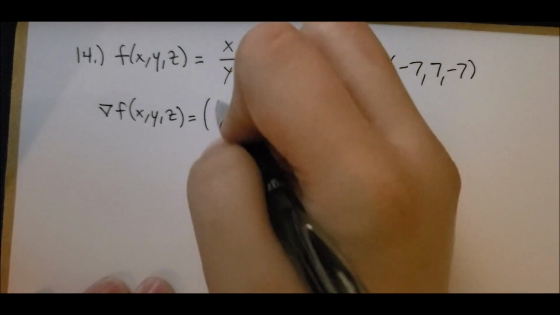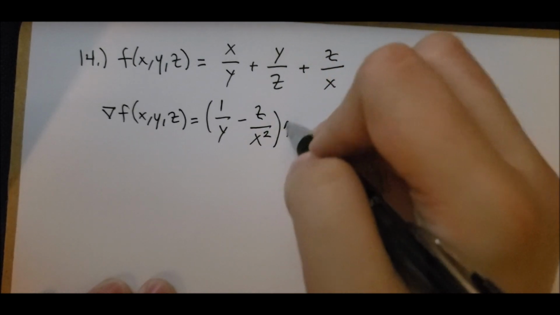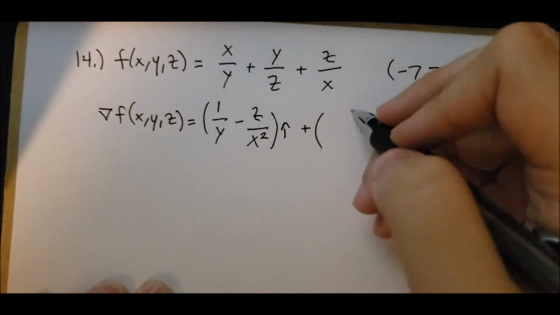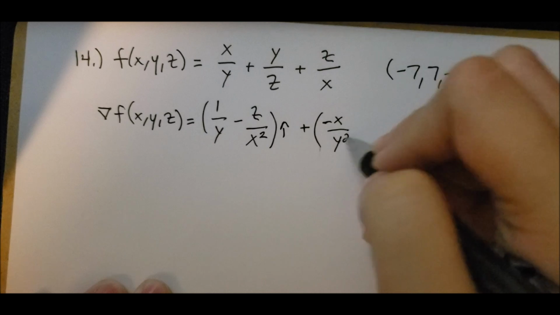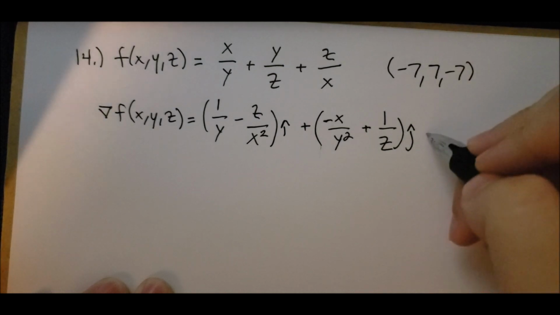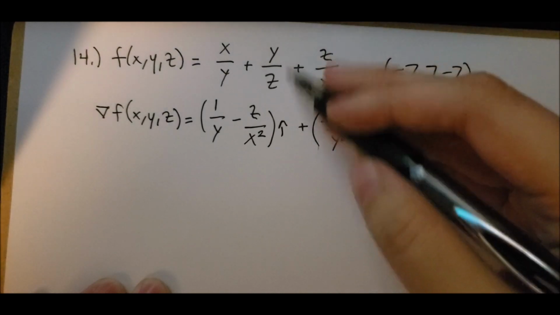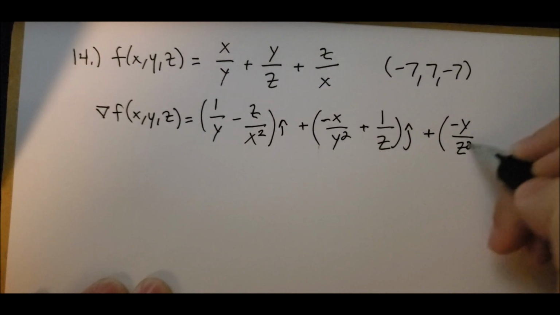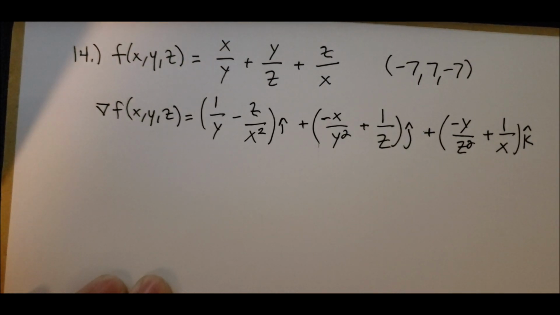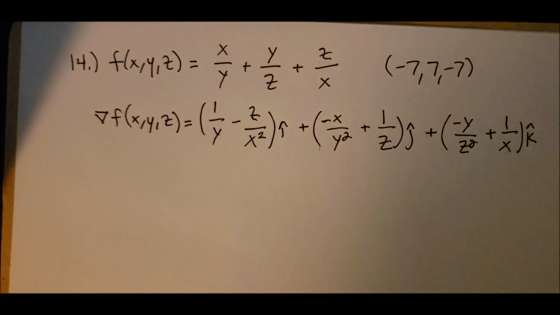With respect to x, that's 1 over y minus z over x squared, plus with respect to y, and then with respect to z. So now I need to evaluate.